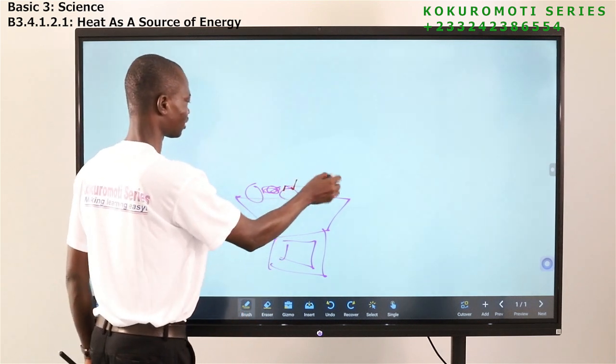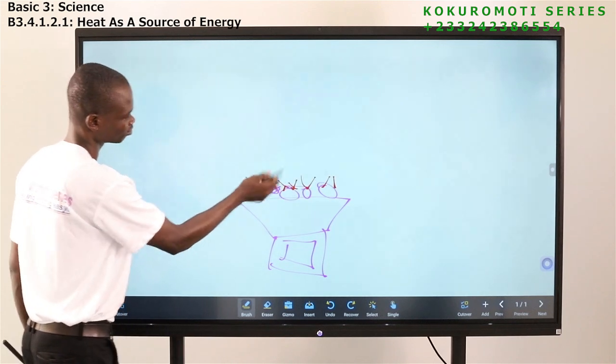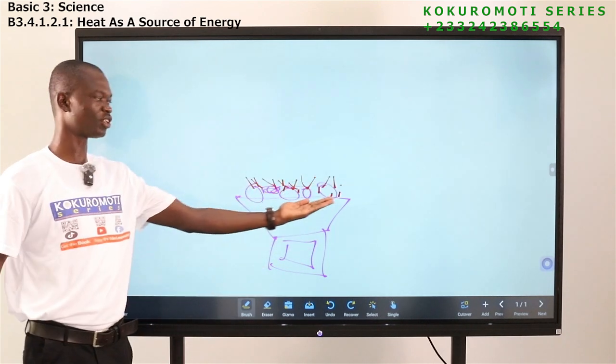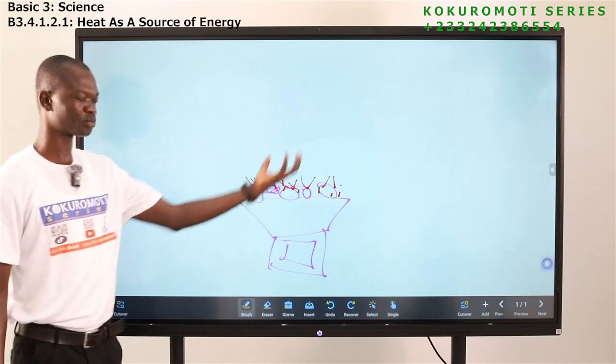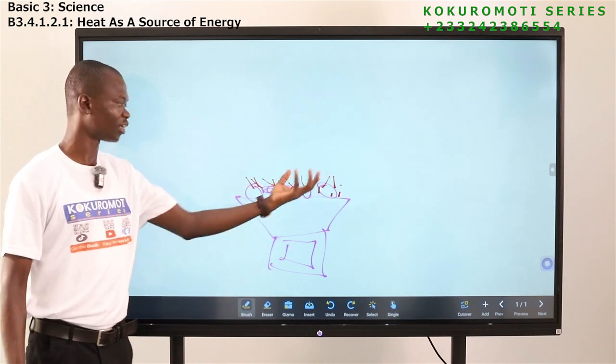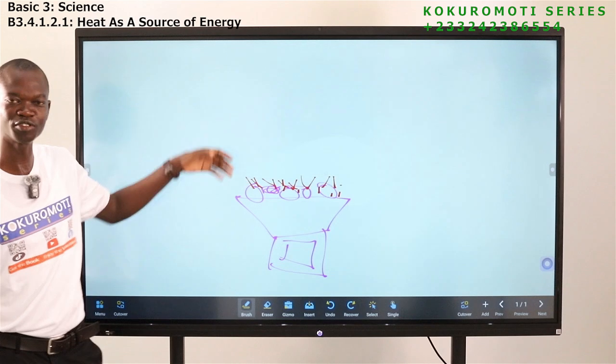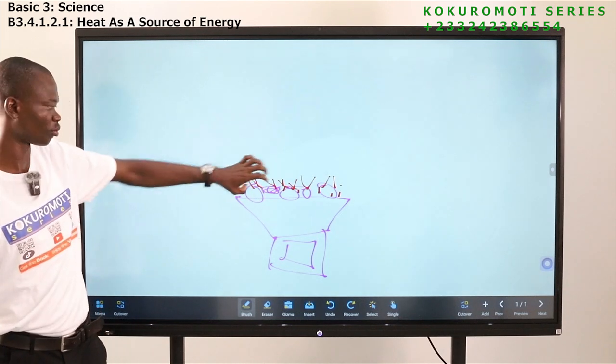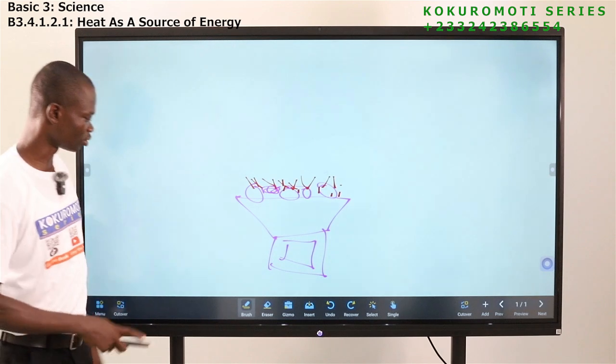You see, this side will be the fire. This will be your charcoal, and then it's producing fire. Very good. So you feel the heat if you put your hand, or if you just go closer, you will feel the heat from the fire. Very good.